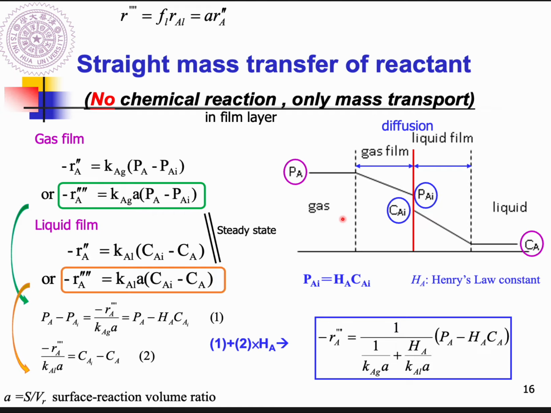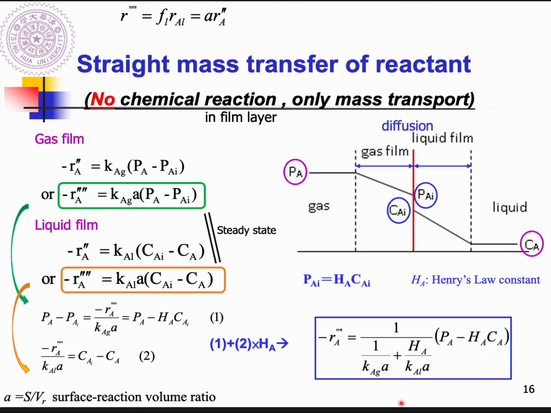And then the resistance: the molecule A is passing through the gas film and liquid film. As we learned from the first section, the resistance of the gas film is the reciprocal of K_AG, the transport coefficient of reactant A in the gas film. And here, because this is per reaction volume, we have the a here, compared to the one we learned in the first section.